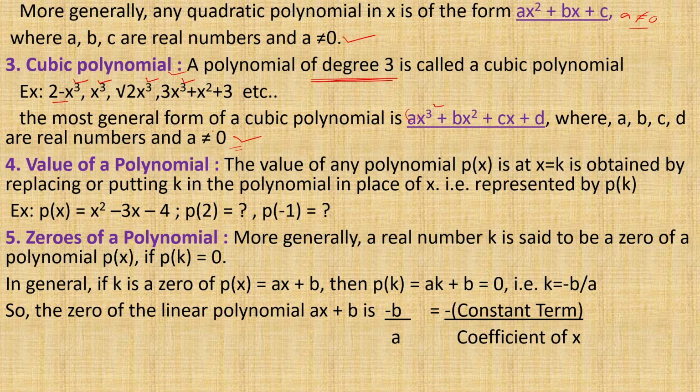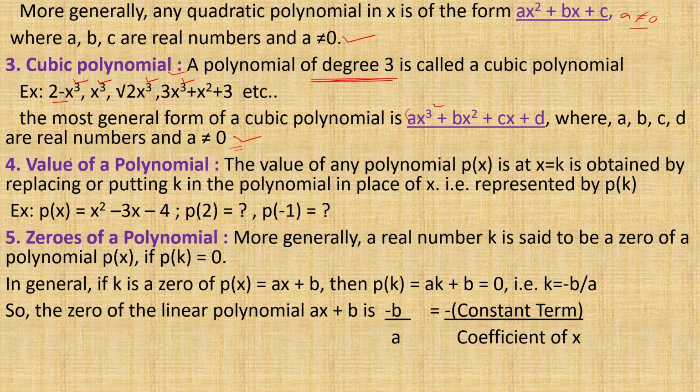Likewise, ax square plus bx plus c is quadratic only if a is not equal to 0. In ax plus b also, a is not equal to 0. Remember that. So what three types of polynomials have we seen? Linear, quadratic and cubic.